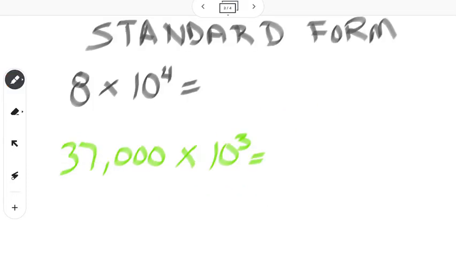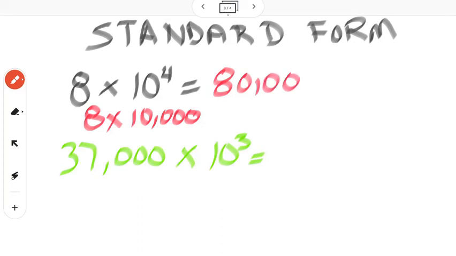The next thing they're going to ask you to do is to do this in standard form. And they're going to give you a number times or a number divided by 10 with an exponent. And they want to see if you know how to figure that out. So one way to look at it is if you could do the first 2 units, this equation, 8 times 10 to the 4th power, is the same as 8 times 10,000. And that answer would be 80,000.